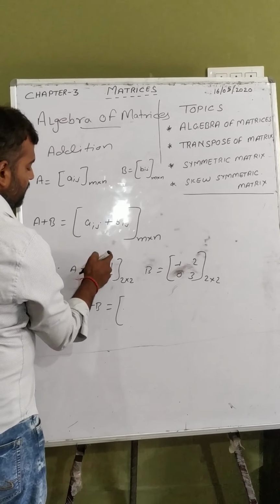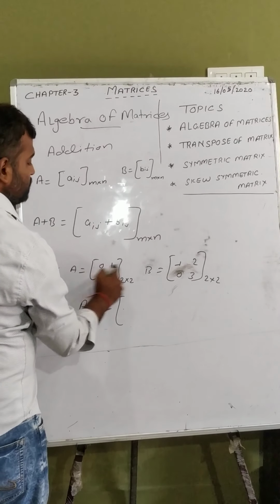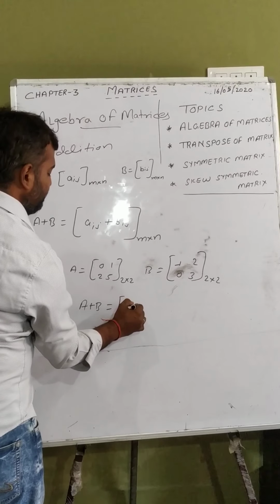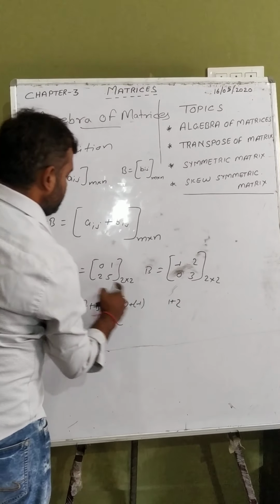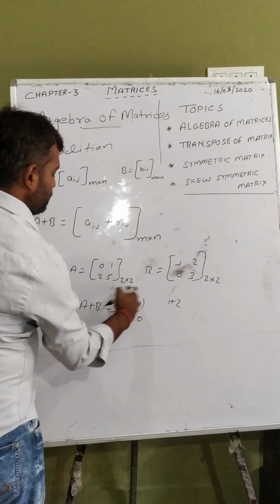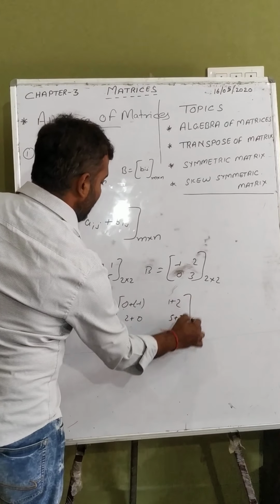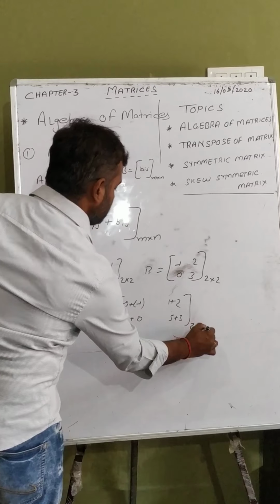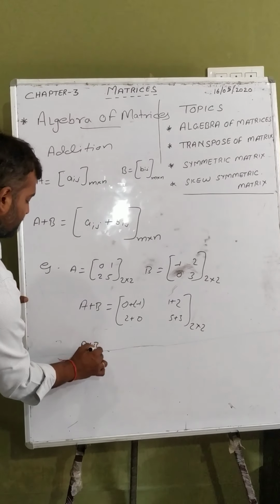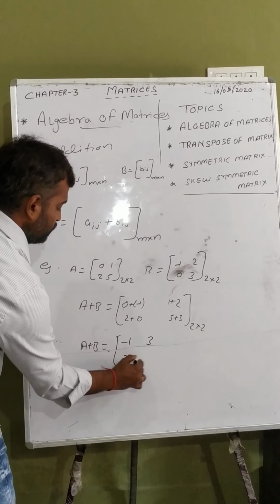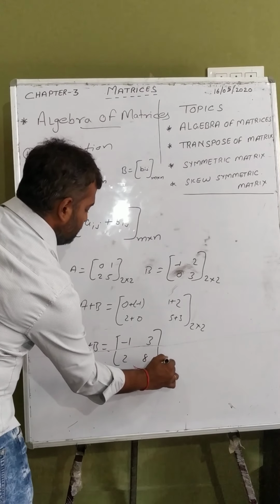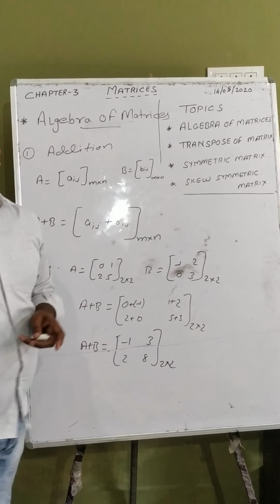Corresponding means the elements having the same position, this one and this one. It can be written 0 plus minus 1, 1 plus 2, 2 plus 0 and 5 plus 3, having the same order 2 by 2. So the resultant matrix A plus B is given by minus 1, 3, 2 and 8. This is the required addition of the matrices.